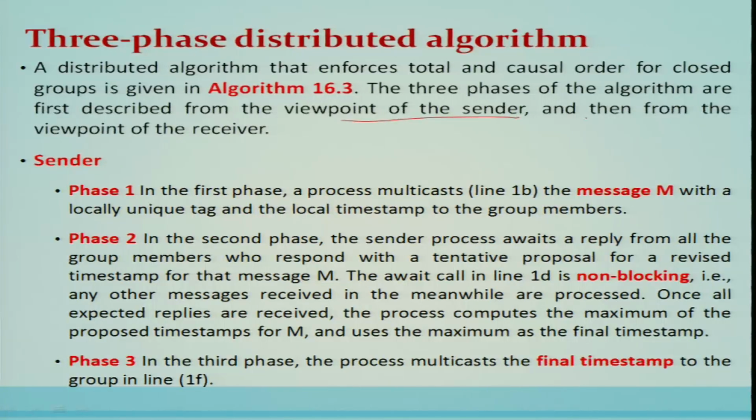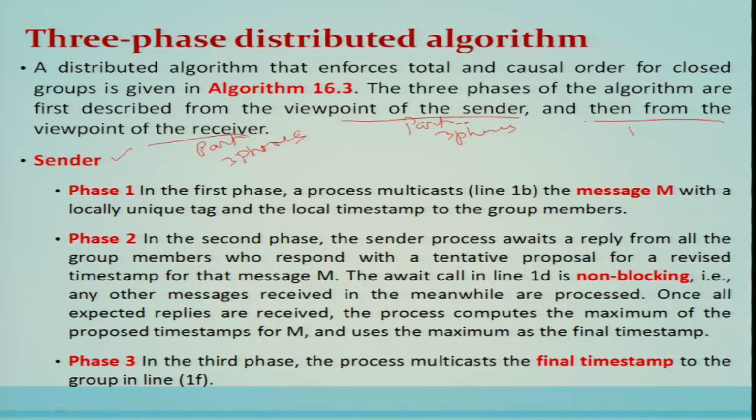So, this algorithm has two parts: one is the sender part, the other is the receiver part. First we will see all three phases of the sender, and in the receiver also we will see those corresponding three phases.